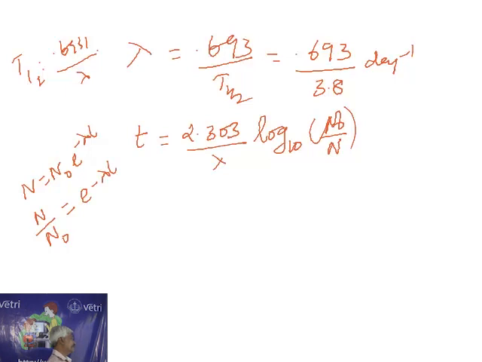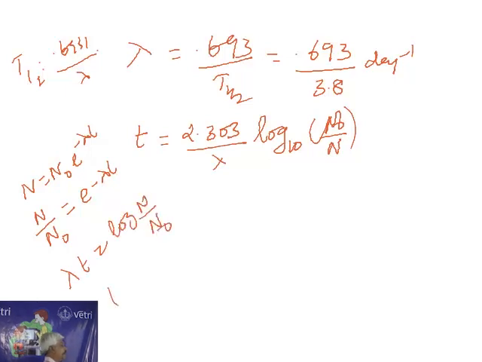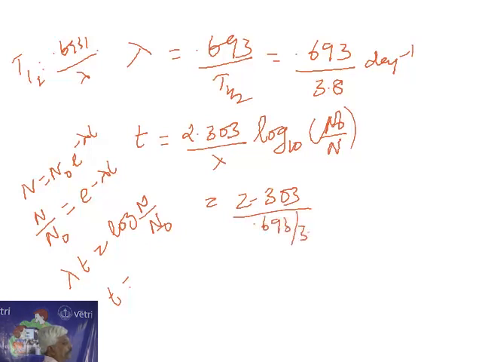Taking log on both sides, lambda t is equal to log of N naught by N. Therefore t is equal to 1 by lambda into this formula. Multiply by 2.303 for log to the base 10. Simply substitute: 2.303 divided by lambda, that is 0.693 divided by 3.8, into log to the base 10 of 20.